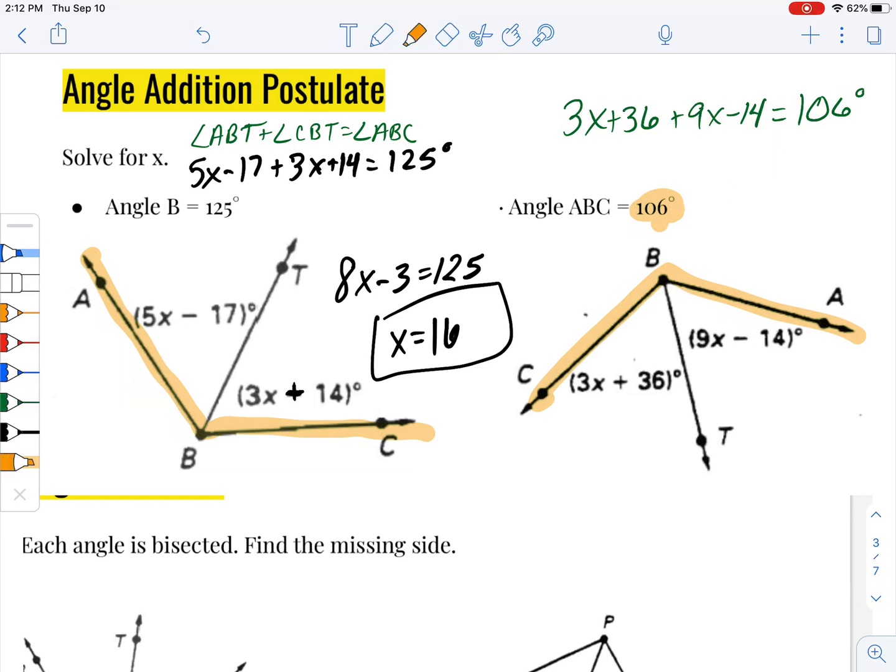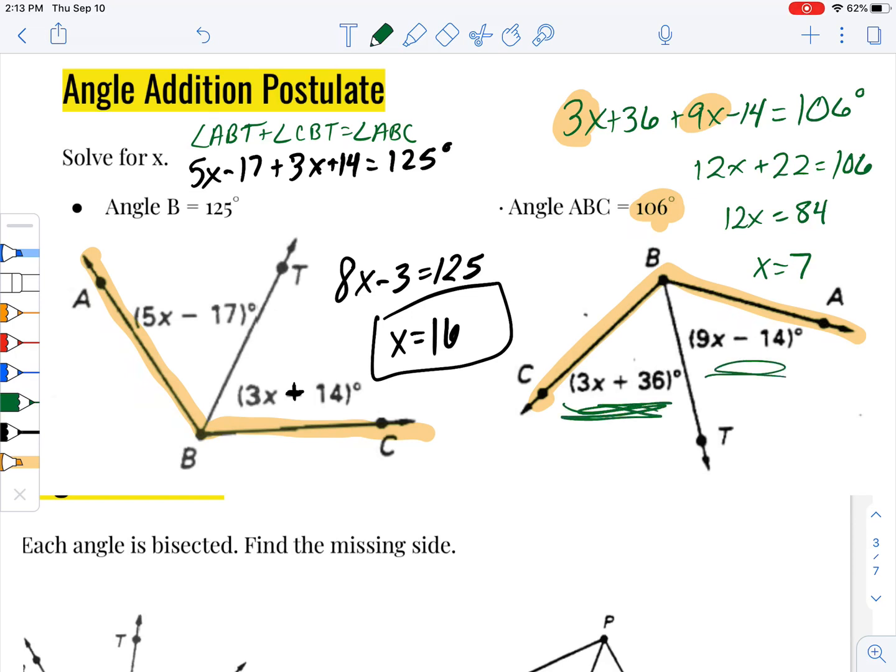So we can combine our like terms again. So I've got my x's, so 12x, and then this is plus 22, gets me 106, or 12x equals 84, so x would be 7. And then if I wanted to, I could ask you guys to plug that back in and find each angle, but I'm not going to.